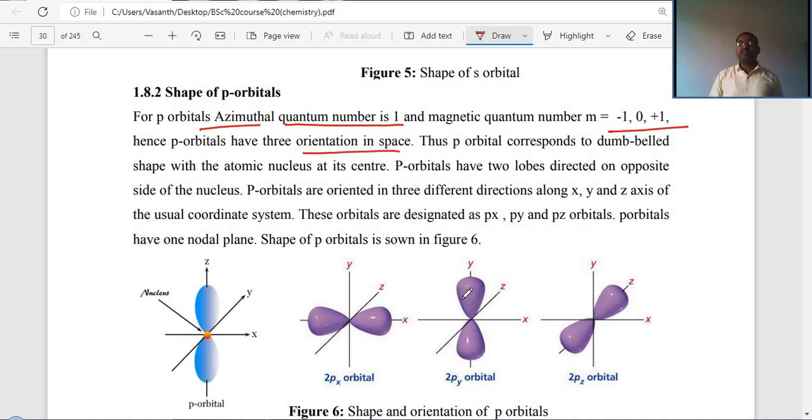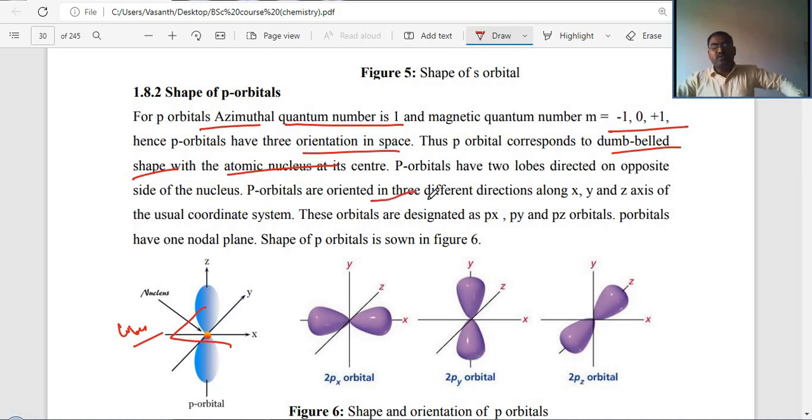Thus, the p orbital is dumbbell shaped with the atomic nucleus at its center. The p orbital has 2 lobes directed on opposite sides of the nucleus.